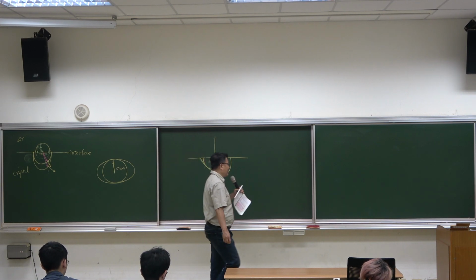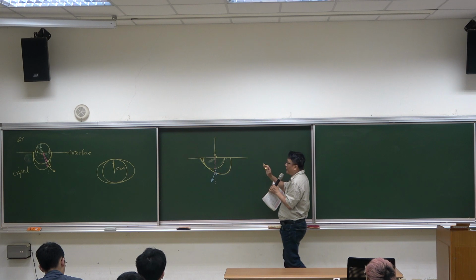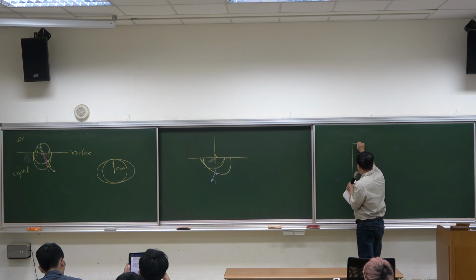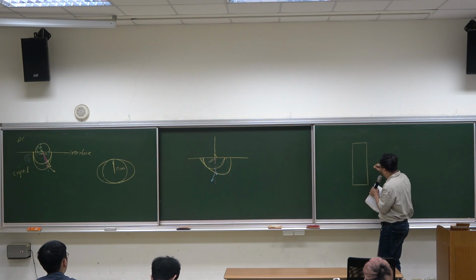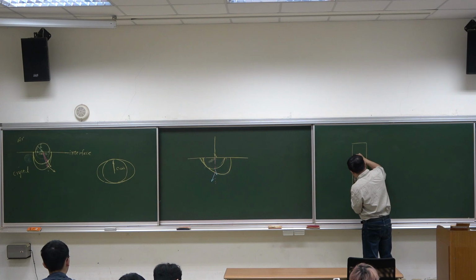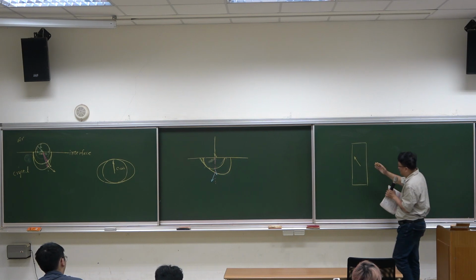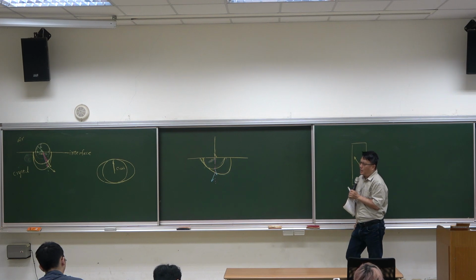so how to understand this? We can understand this phenomenon in another way. For example, I have this crystal having the optic axis along this arbitrary direction.